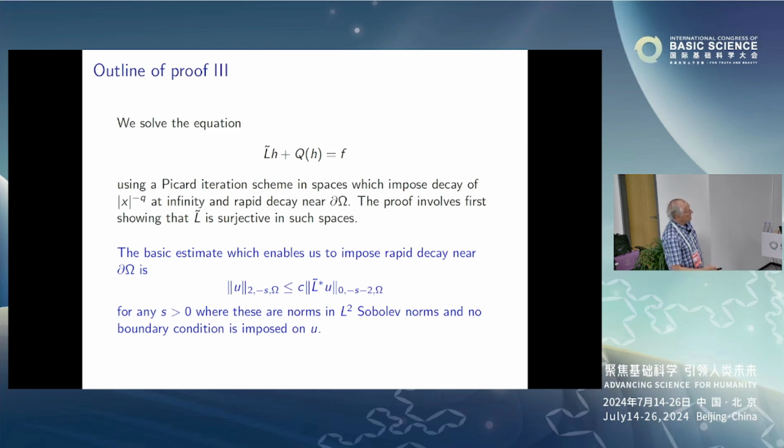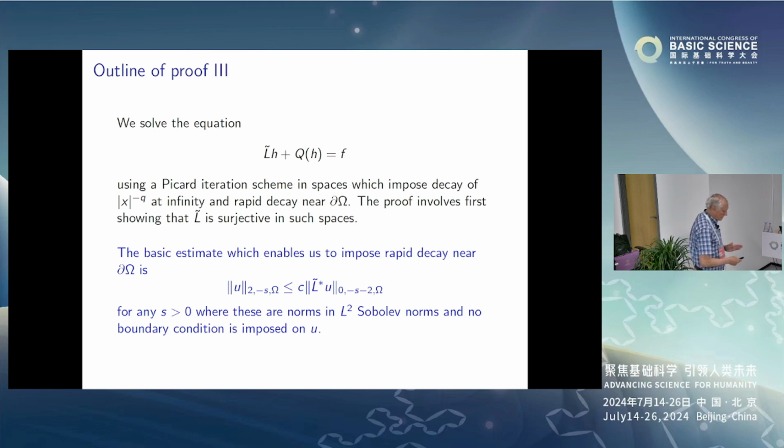We can first prove this strong coercivity estimate, which says that for any positive s, where s measures the decay at infinity, we can estimate the second derivatives with decay minus s in terms of L star U, where we decay 2 orders faster, but we have the zero derivative there in omega.